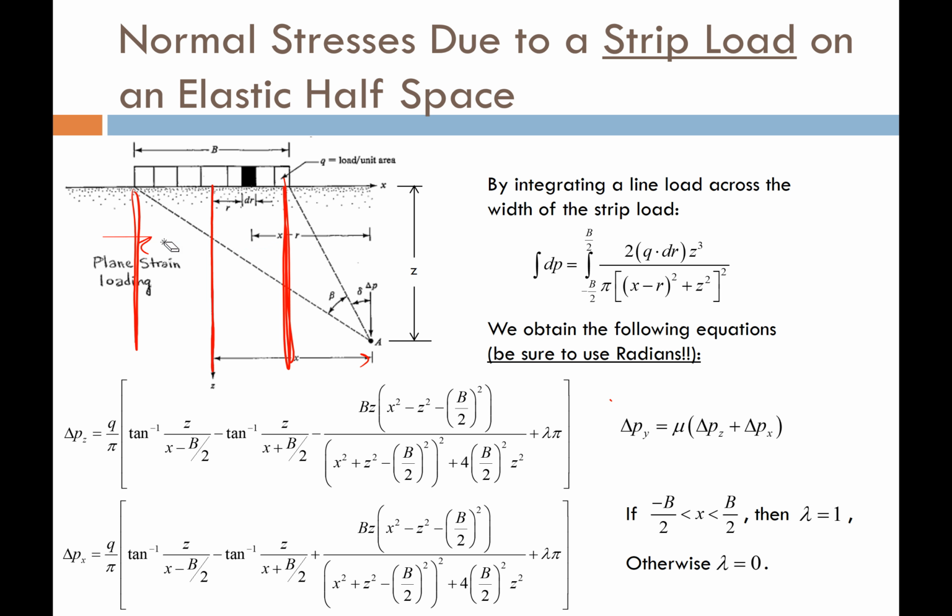The second my soil element of interest is outside the footprint of my strip load, then lambda is going to equal 0. That's what that little trigger or qualifier means.